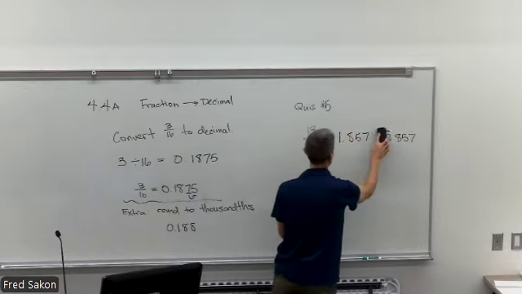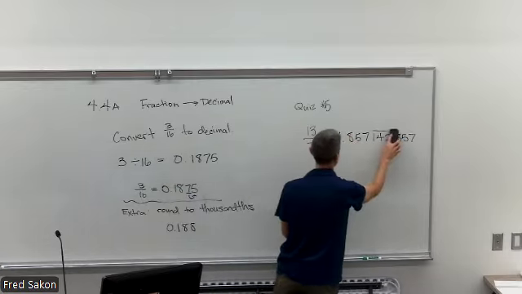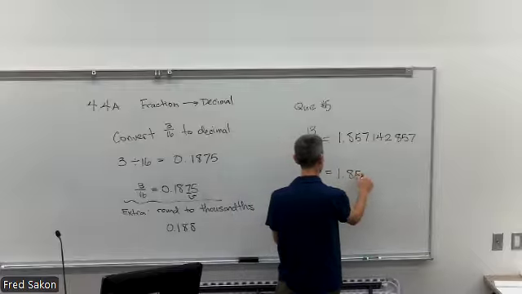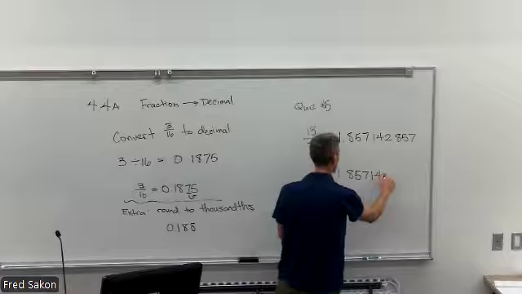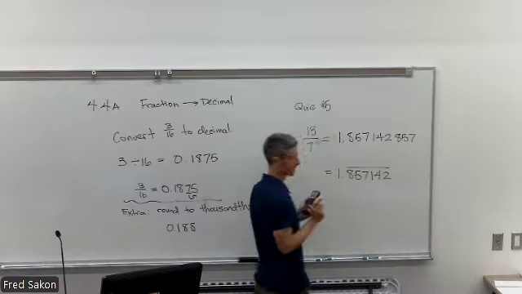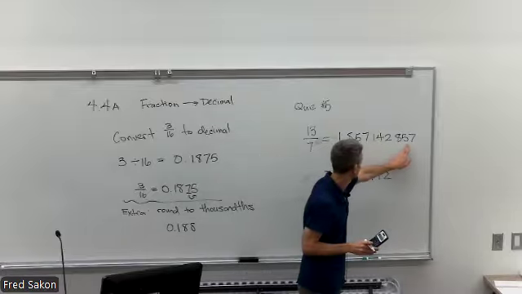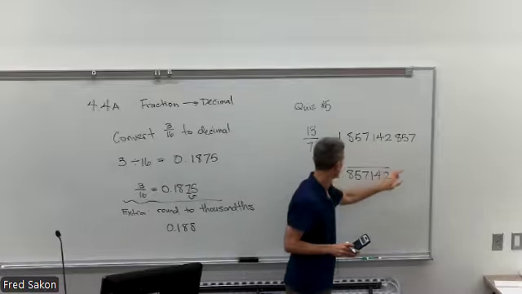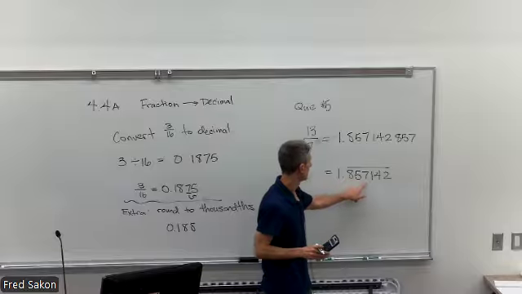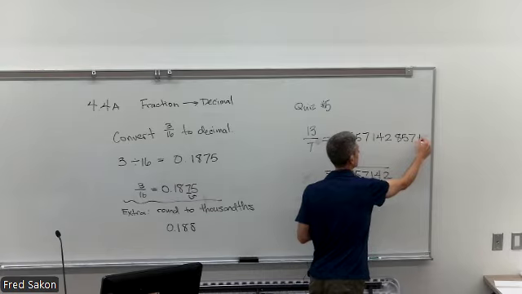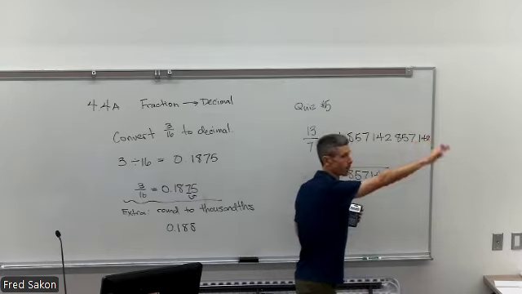Some or all of those items say if it's a repeating decimal, to place a line over the repeated part. That can be accomplished like that. Notice we start to see repetition here, 857. And so after 857, we would continue to see 1, 4, 2 if we looked at more decimal places.